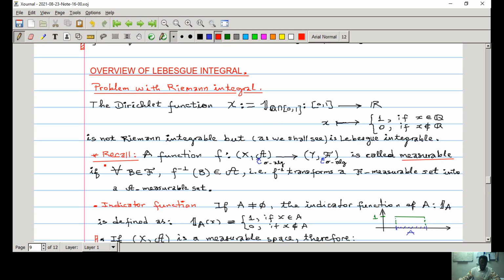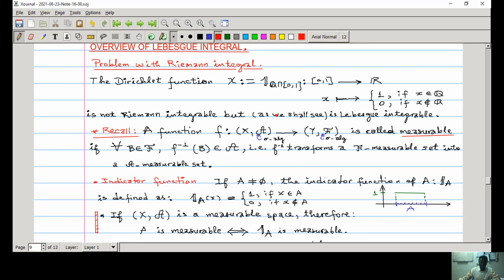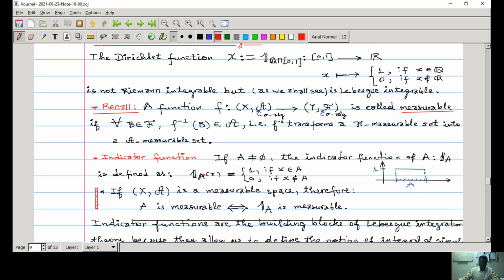Now, indicator function. I mentioned it already here, the indicator function. So the indicator function of a set A, non-empty set, is given by this definition. So it indicates whether an element is in A or not. That is, for X, the indicator function 1_A(X) is equal to 1 if X is an element of A and 0 otherwise.